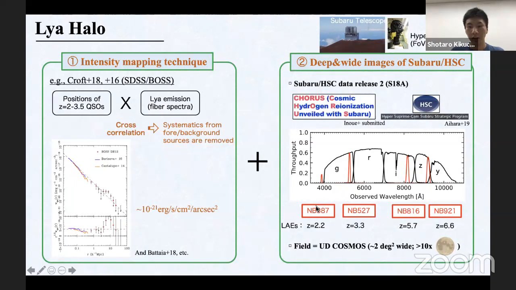Here there are 4 narrow bands and 5 broad bands we use, whose throughputs are represented with these curves. The 4 narrow bands each trace redshift 2.2, 3.3, 5.7, and 6.6 Lyman-alpha emitters, respectively. In our analysis, we first begin with the UD COSMOS field, which is 2 square degrees wide, corresponding to more than 10 times the size of the full moon.